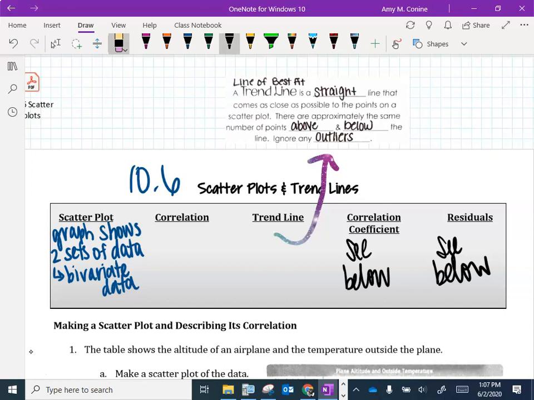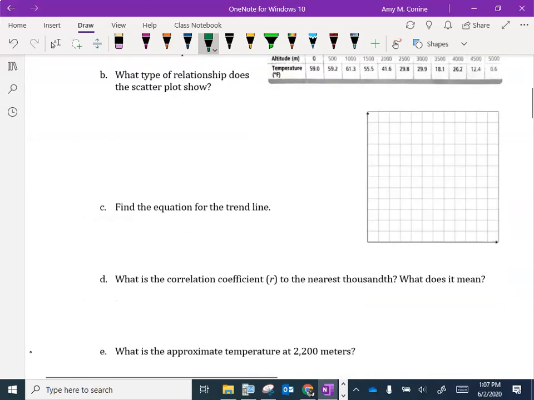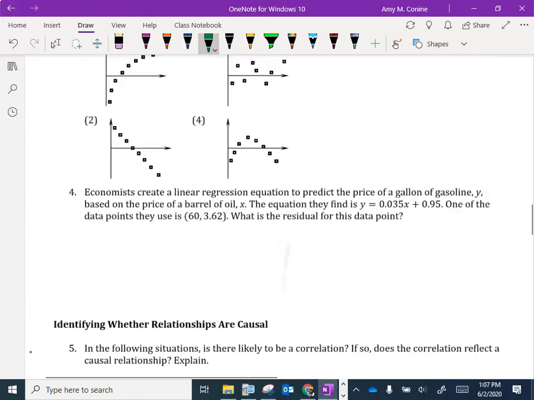That's what a trend line is. It's also called line of best fit, so you'll see that vocabulary more often, I feel like. And again, this is going to be a straight line that we draw in. Okay, so we're going to scroll down a little ways so you can see some new stuff. So going down, and we'll come back up in a minute.